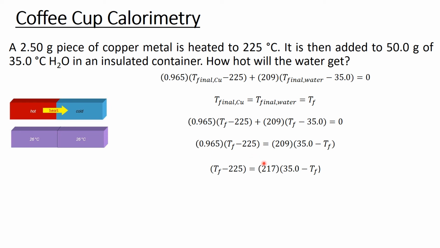Now let me distribute the 217, and that's going to give me TF minus 225 is 7595 minus 217 times TF. And now let me just move the TFs to one side and the numbers to another. So 218 TF is 7820, and that means TF is 35.9 degrees Celsius, expressed to 3 sig figs, using that unit that I told you to keep in mind from earlier.